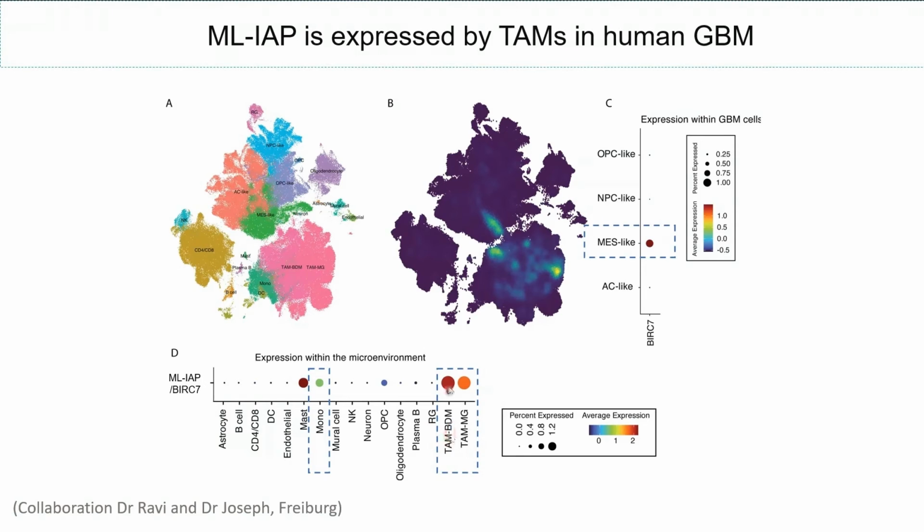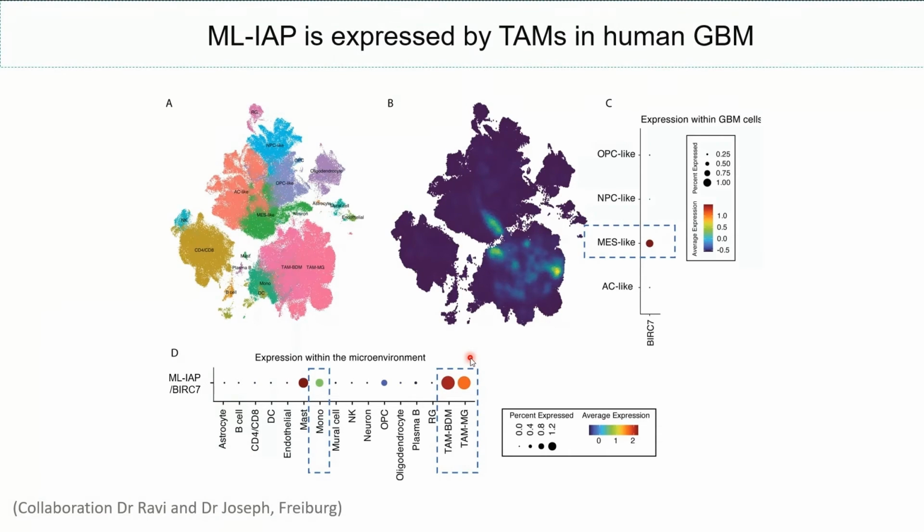So all the TAMs, actually, the bone marrow derived or the microglia cells. This result is related to the inhibition of MLIP protein in our model.